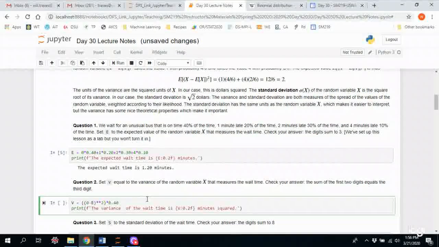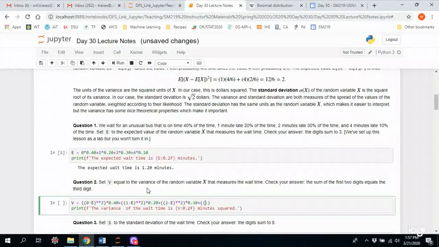And then we do something very similar for each of the other possible values for the random variable. We take, for instance, 1 minus E squared, and we weight it by the probability that you get a 1, which is 20%. And then similarly, 2 minus E squared, and weight it by 30%.